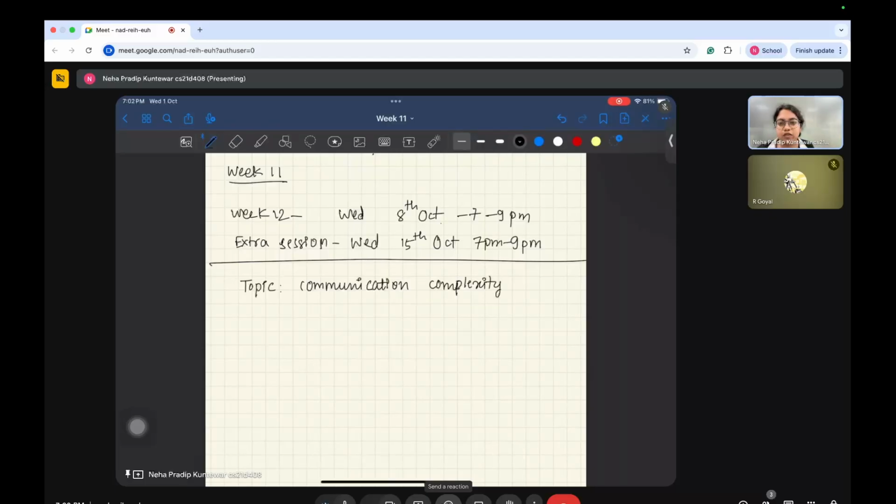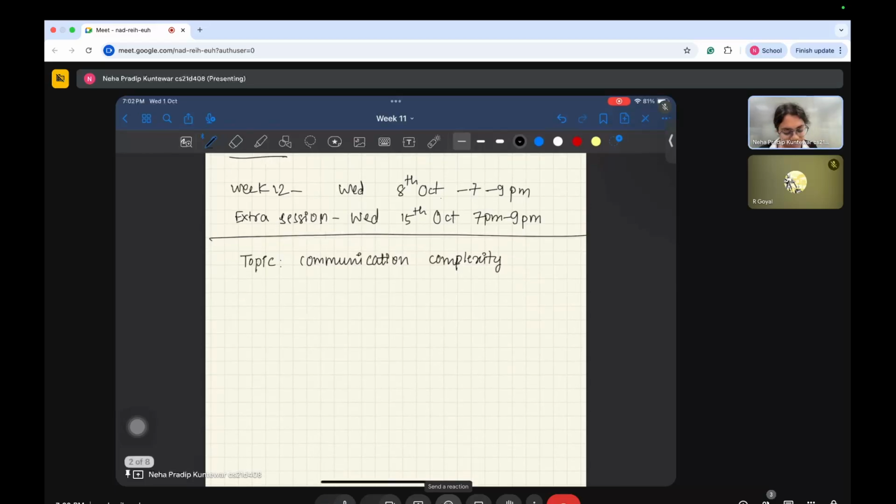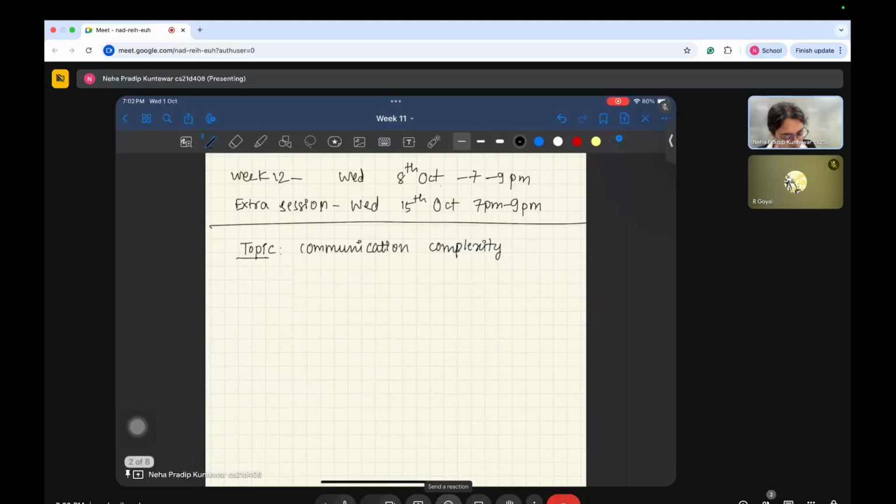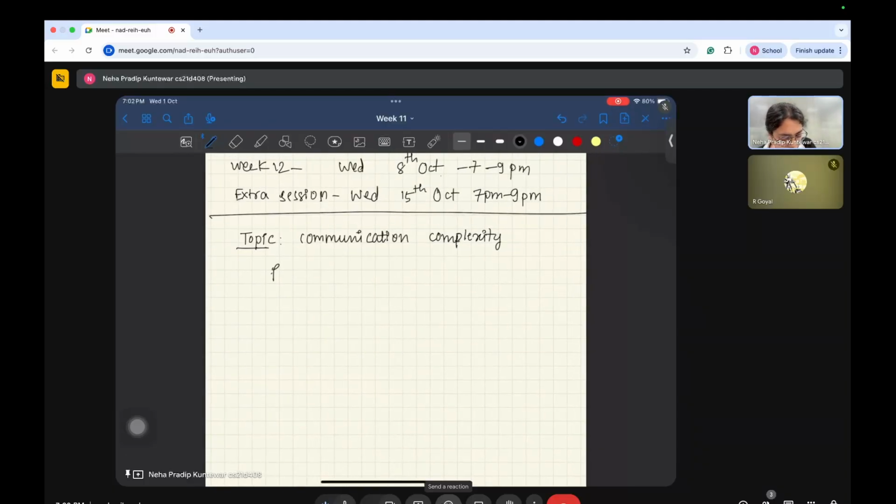So we will briefly look into this definition, although we used it previously, I guess one or two weeks ago, but let's define it again. There's a function f from {0,1}^n.